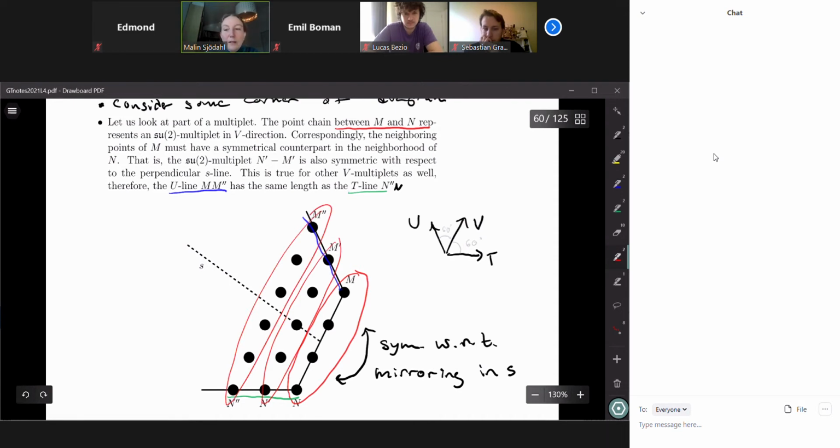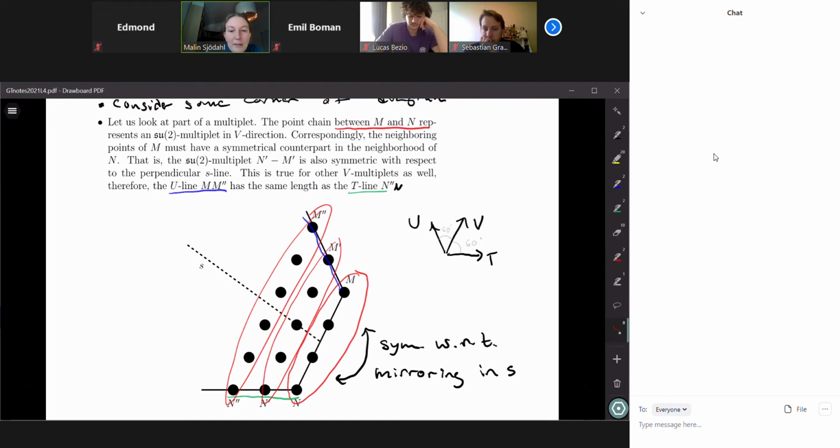So along these V lines, we have what we call V multiplets. And since they are also SU2 multiplets, they must fulfill what we expect from them, and that means that this state must have a corresponding state here, this state must have a corresponding state here, and this state must have a corresponding state here.